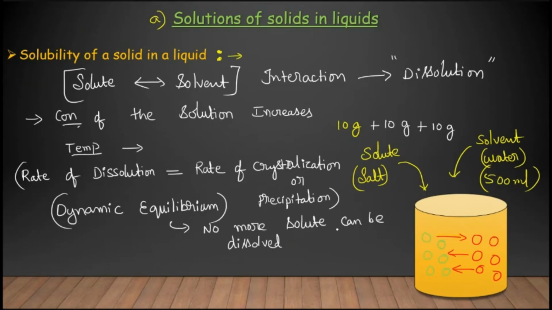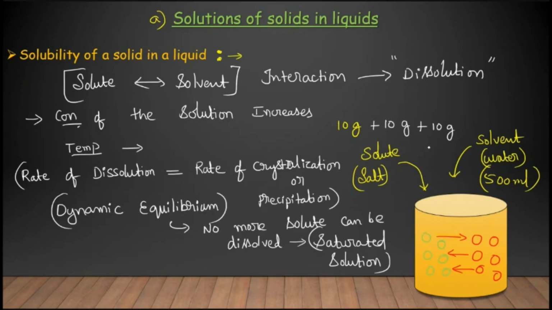At this point, we call this solution a saturated solution. This is the particular state where the maximum amount of solute is dissolved in a solution. That particular point we call a saturated solution.